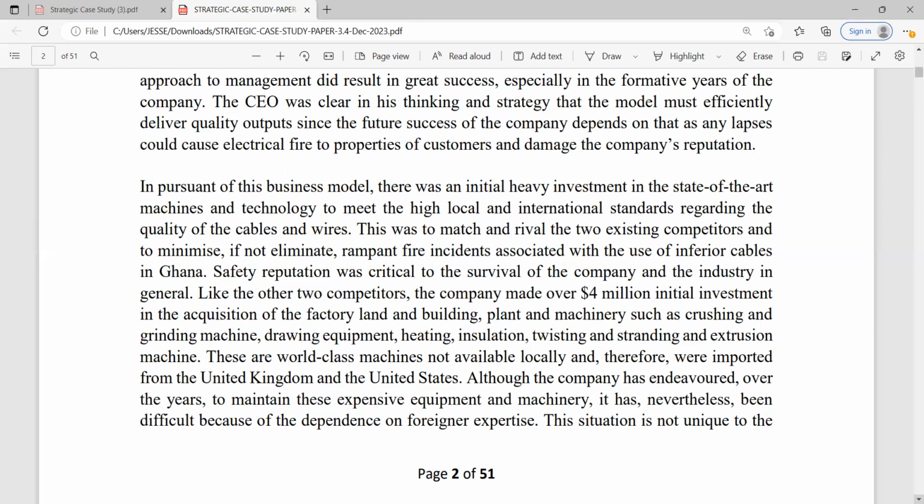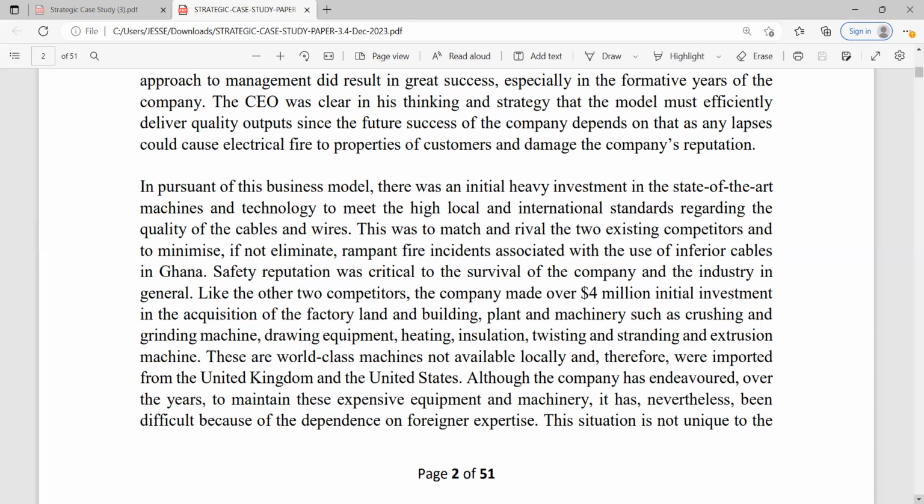Now, another thing too, when you hear about these investments, is where are they trying to acquire these machines from? Is it local or is it foreign, right? If it's foreign, then, do they have a relationship with the supplier? How much will it cost to transport this machine from wherever it is into Ghana?